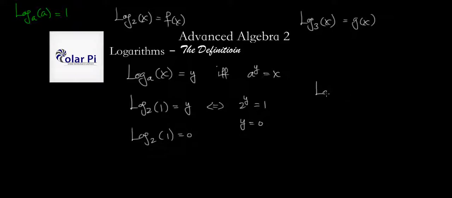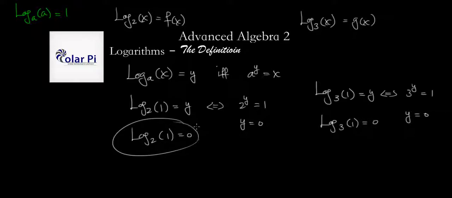But let's do what we did earlier. Let's look at log base 3 of 1. Well, this is equal to y, and this is true if and only if 3 to the y is equal to 1. You get it. y again has to be 0. So log base 3 of 1 is equal to 0.